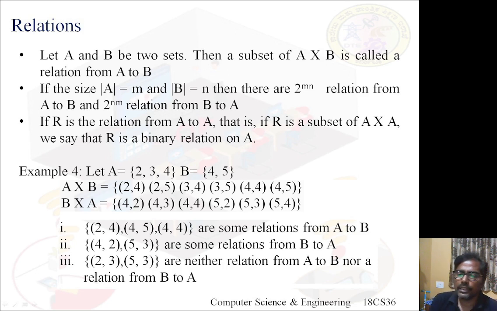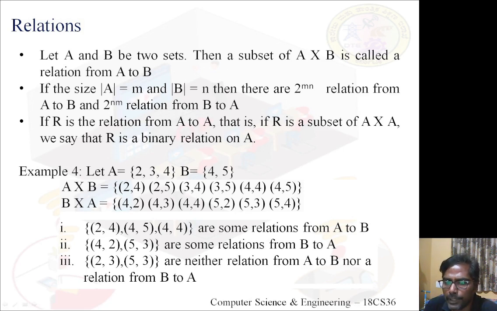Now look at the third set. It contains two ordered pairs, (2, 3), (5, 3). I repeat, look at the third set consisting of two ordered pairs, (2, 3), (5, 3).